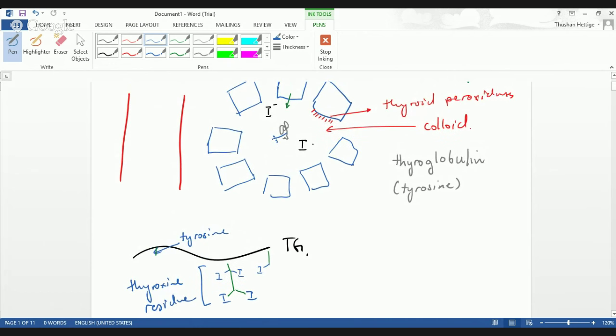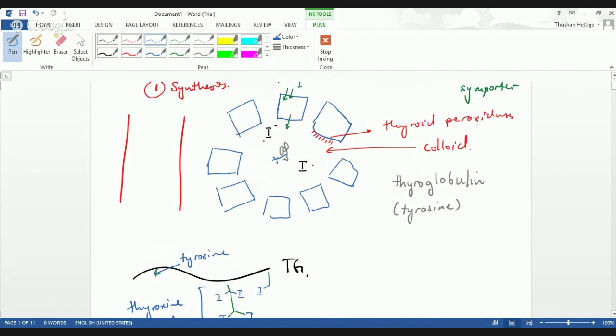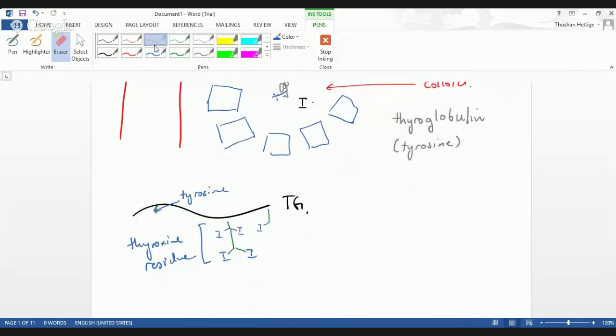Then what happens is this over here is just going to go into here and here. So there's going to be endocytosis. The protein will be endocytosed, and it'll form a vesicle. You'll have a vesicle here full of your thyroglobulin with its thyroxine residues sticking out the side of it.